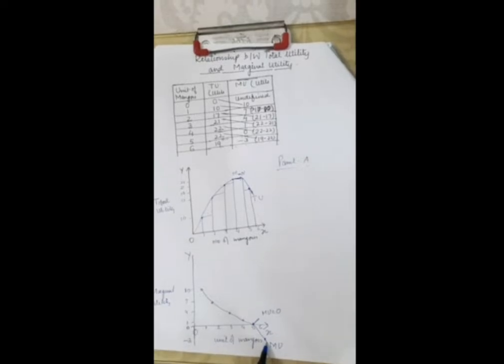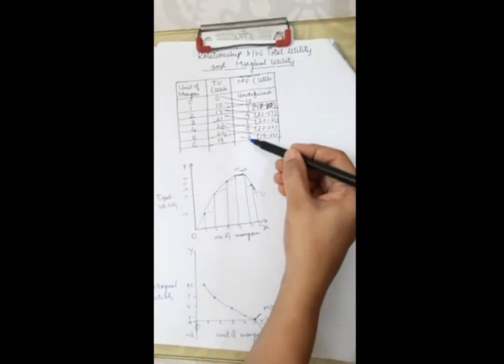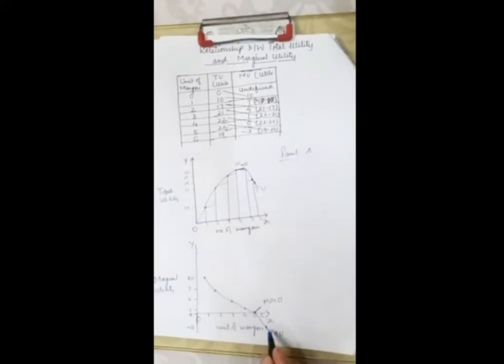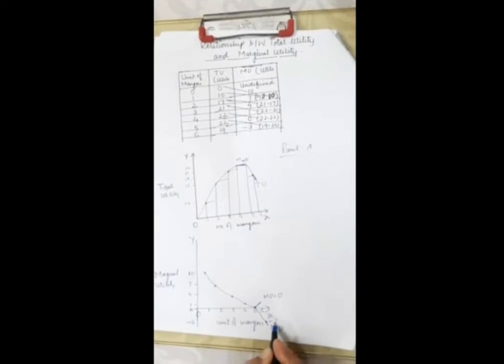You'll have to see that the marginal utility curve crosses the horizontal axis to become negative. Right? As the table also shows, this is a negative value, -3. So the curve is crossing the x-axis and showing the negative marginal utility, that is equal to -3.